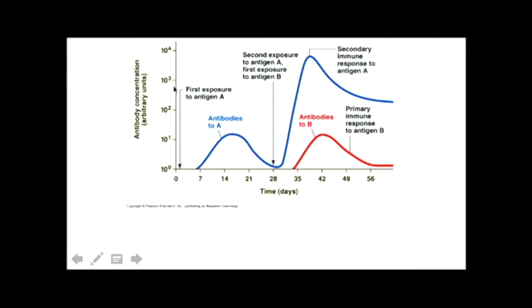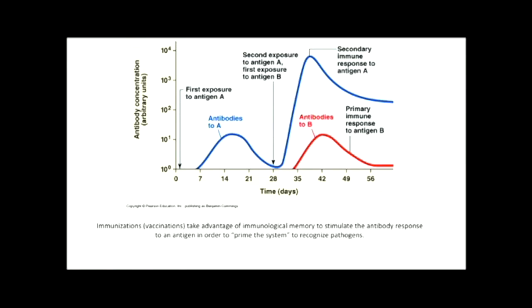And so where have we taken advantage of this response and used it as a tool? Yeah, so basically when you're vaccinating or immunizing, you're taking advantage of immunological memory. So generally when you're vaccinating or being vaccinated, you're exposing a person to some sort of antigen, and it might not necessarily be the entire pathogen.